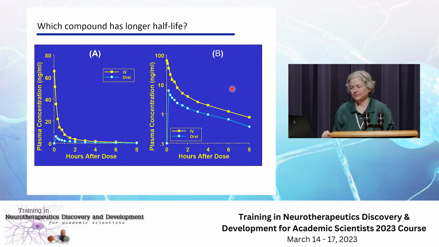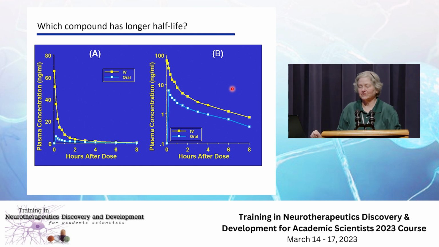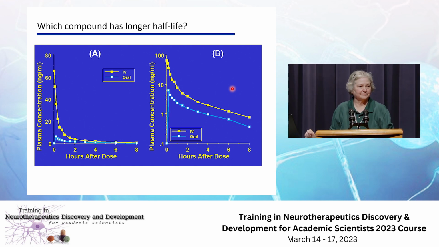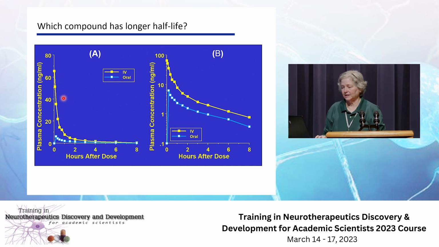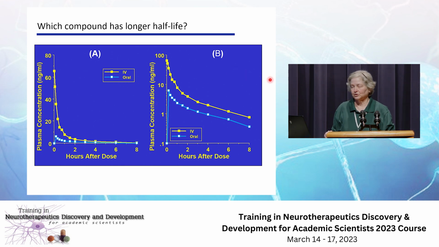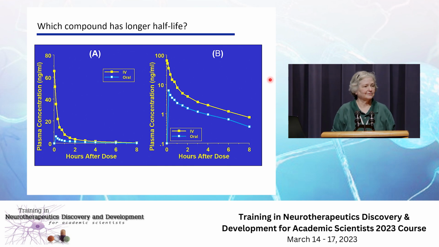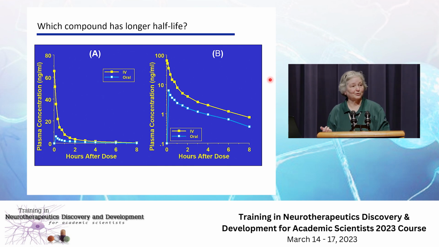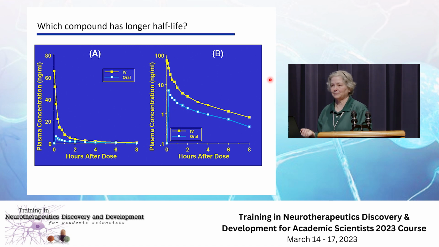This is indeed a trick question. These are the same sets of data provided to you on a linear scale or a log scale. So the point here is to look at the data as it's being presented to you, and then make sure that you understand how it's being presented before you answer the question.